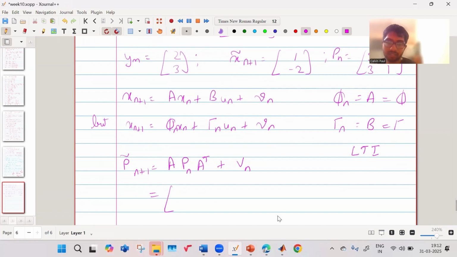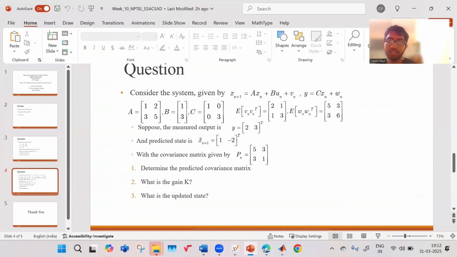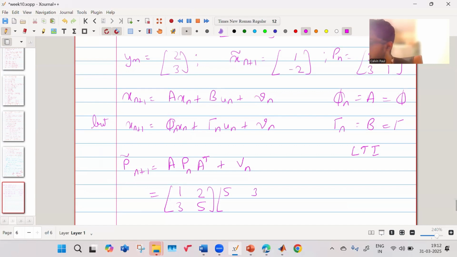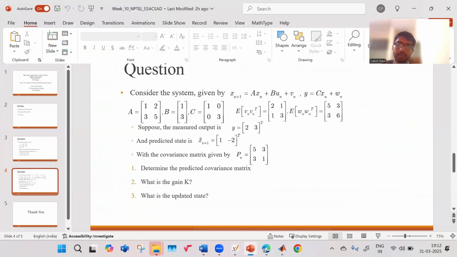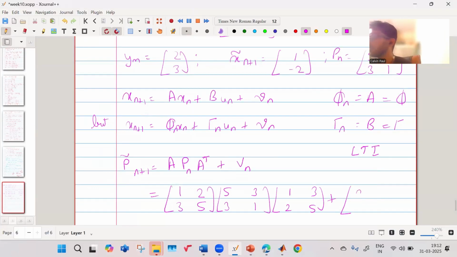A matrix is 1, 2, 3, 5. What is the Pn matrix? It's over here. See, Pn is 5, 3, 3, 1. A transpose is 1, 3, 2, 5, plus Vn. Vn is 2, 1, 1, 3.